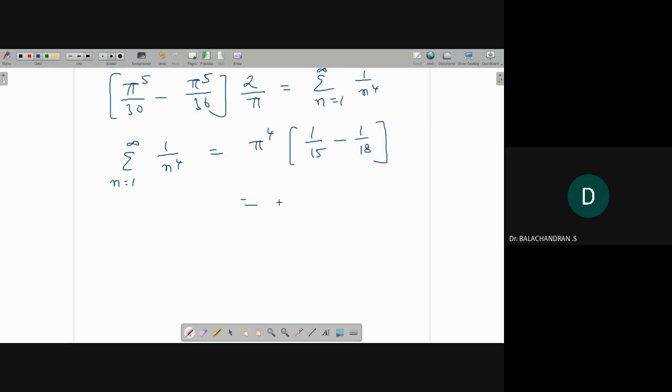If we take 180 as LCM, pi power 4 into 12 minus 10, so 2 by 180, 2 by 180 is 1 by 90. So pi power 4 by 90. So this is the final answer.